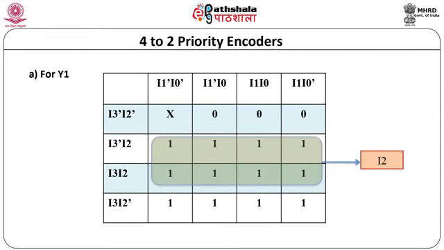The logic 1 is mapped for each output for all input conditions. For output Y1, it is possible to group 8 neighboring cells to form an octet. From visual inspection of the K-map, it is possible to eliminate 3 variables and the output will provide only I2.